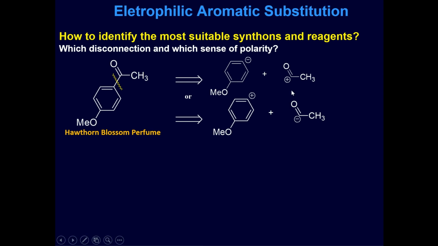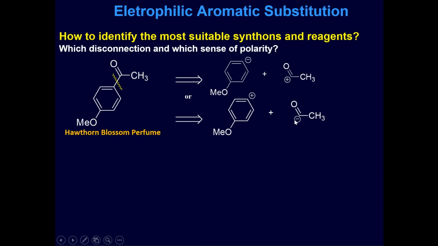And carbonyl carbon, the oxygen is attached to the carbon, and we know that oxygen is more electronegative than carbon. As it is electronegative, it has the tendency to pull the electrons, and that's why it makes the carbon adjacent to this electronegative group positive center. That's why it is sensible to give positive charge onto the carbonyl carbon, not the negative charge.